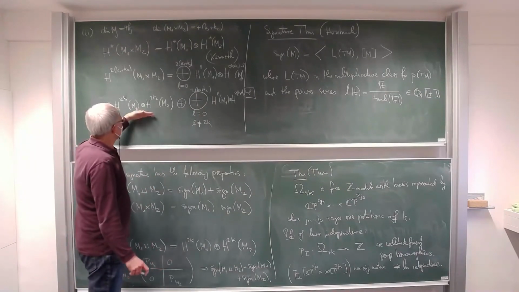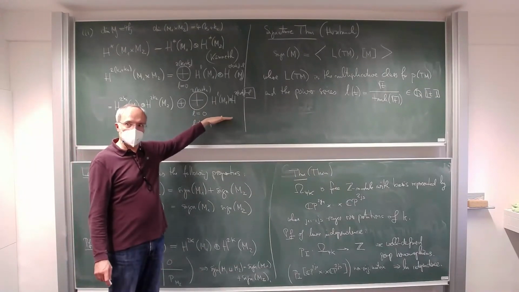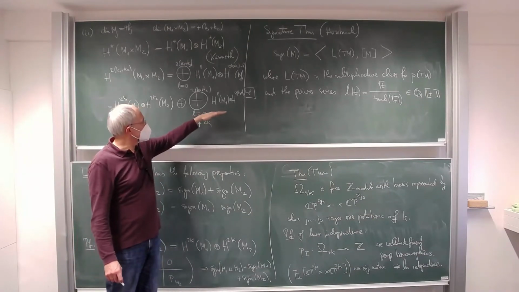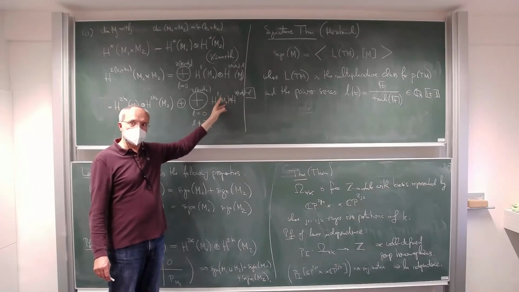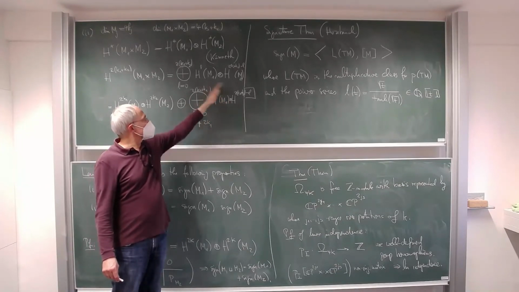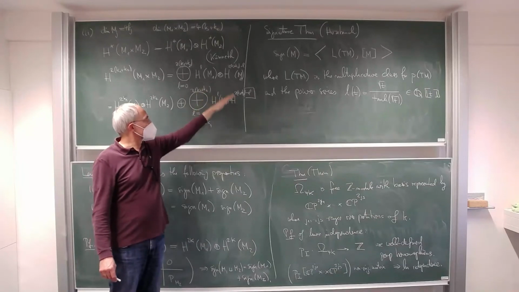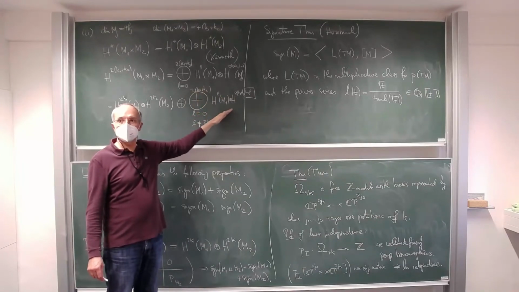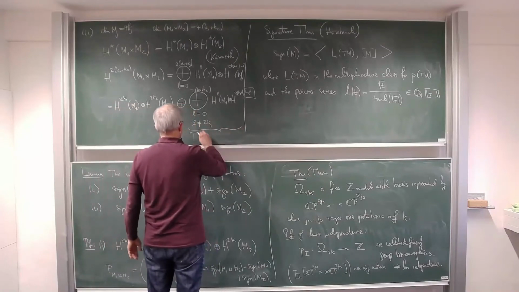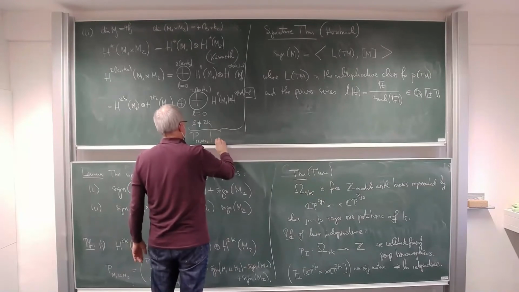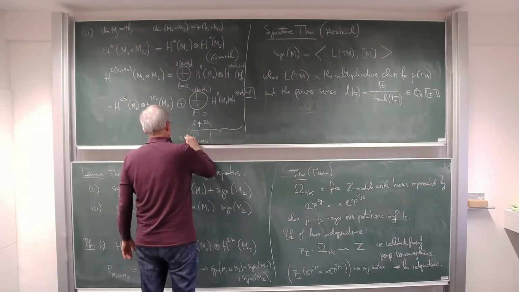So this part and that part are orthogonal with respect to the Poincaré bilinear form. And then you check, if you look at these terms by suitable interchanges of indices, that the Poincaré map restricted to this part has signature actually 0. The signature of M1 cross M2 restricted to this part, so that has trivial signature.